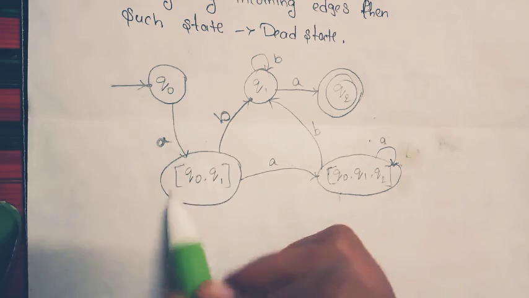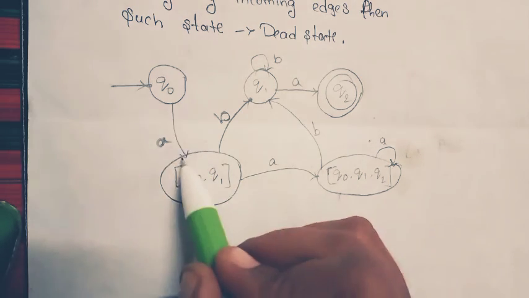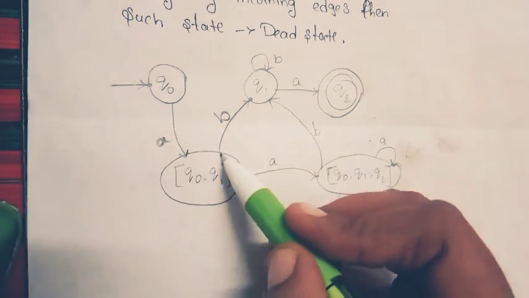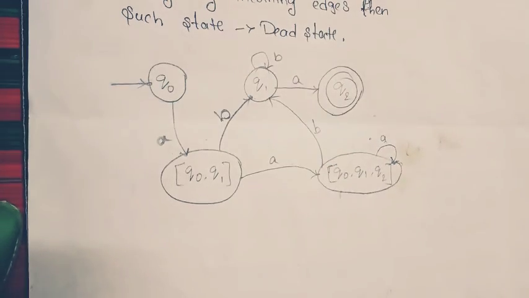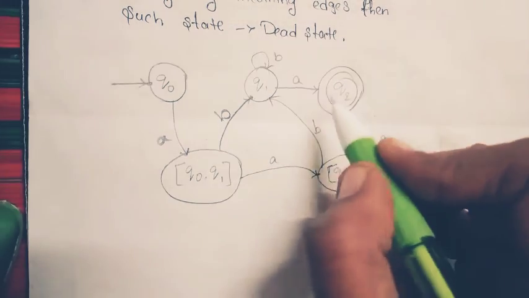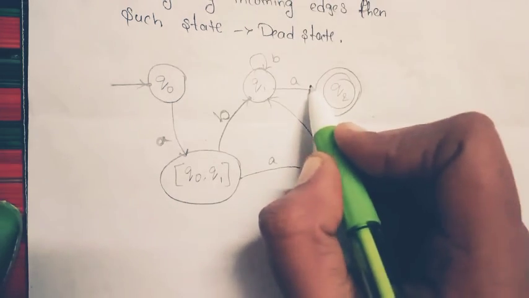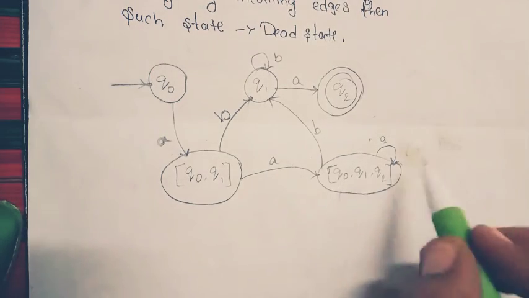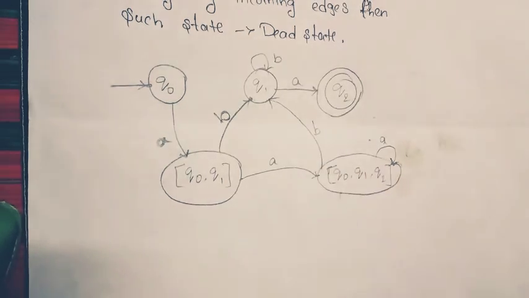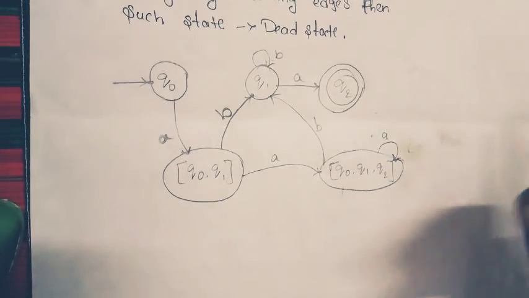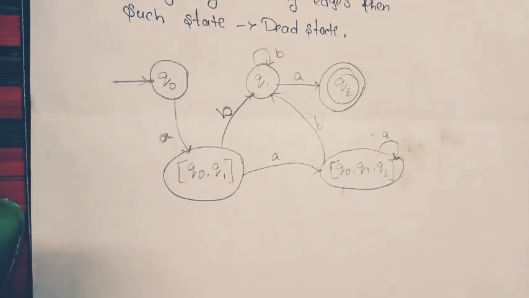So for this state also, from Q0 it has A as a symbol. So for Q1 it has 3 incoming edges. That means the edges which are coming towards it. For Q2 it has 1 edge. So from this one it has 2. Like this, each and every state has 1 or more incoming edges. So there are no dead states here.